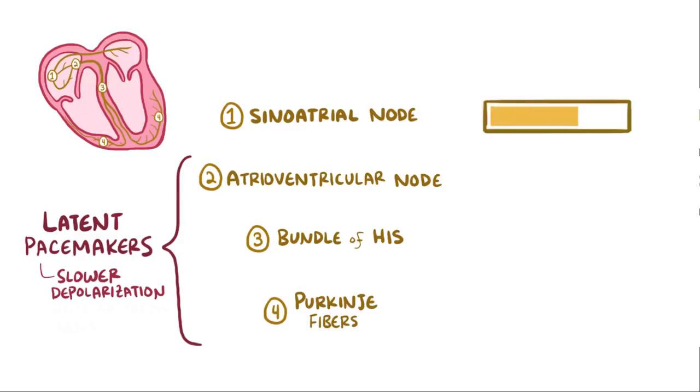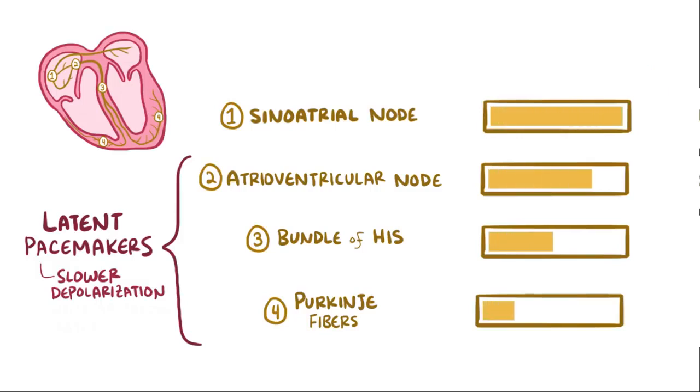Let's use this bar to visualize the SA node's depolarization rate, which is the fastest, and then each one below is slightly slower. Notice that each time the SA node fires, it resets all the slower ones. And this is exactly how it works. If, for example, the SA node stopped altogether, then the AV node would take over at its slightly slower pace.